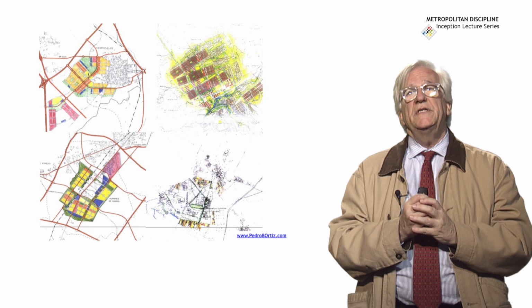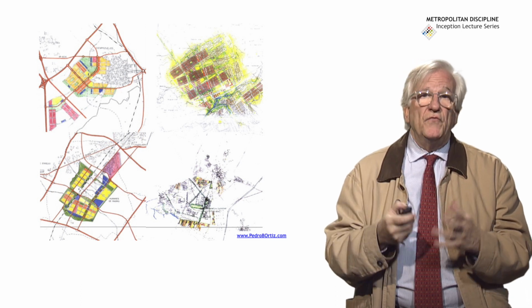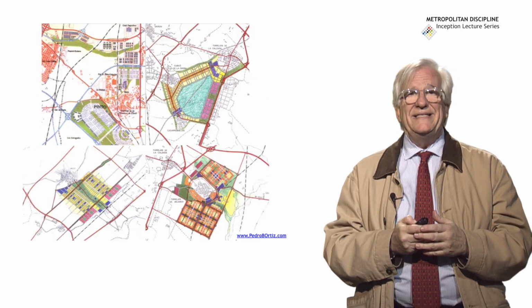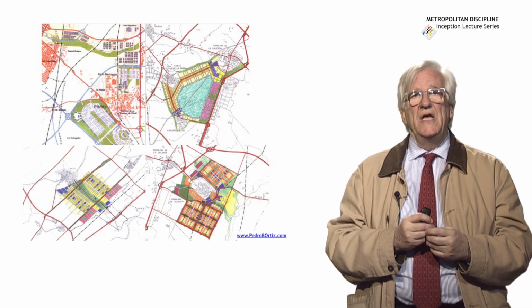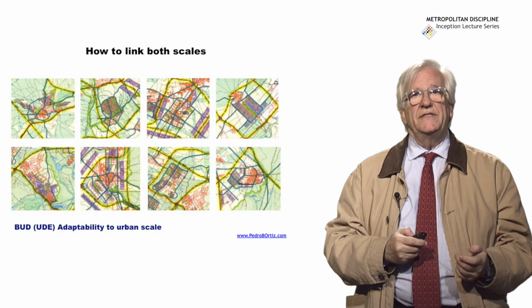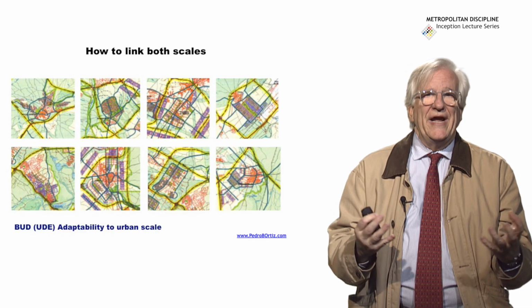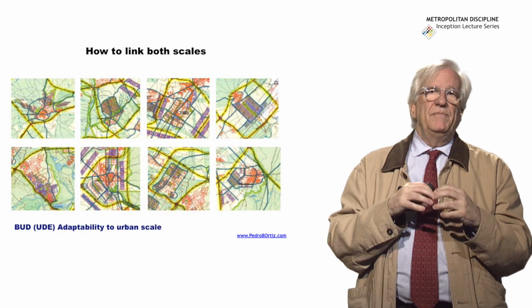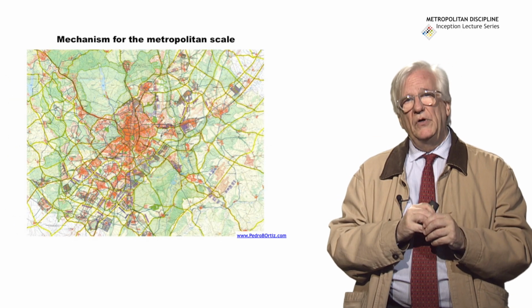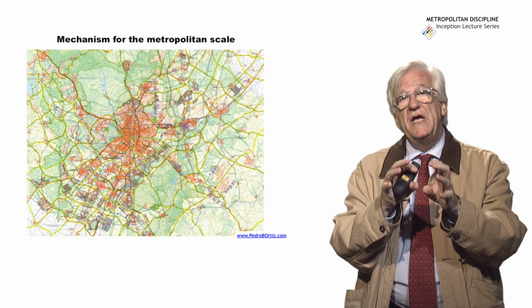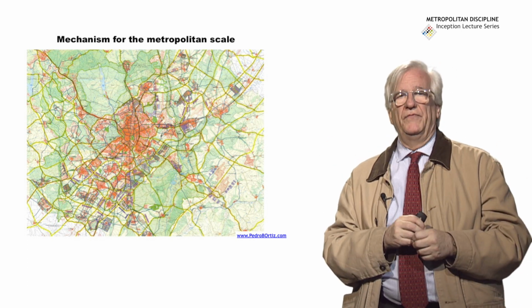This is not a blueprint, as I say. This is applications of 4 municipalities. This is another 4 municipalities. You see they are all different, so you adapt to the circumstances of each municipality. Another 8. We have many examples, and I am not going to extend on that. And the whole of the urban digits, the metropolitan digits, create the pattern of the metropolis.